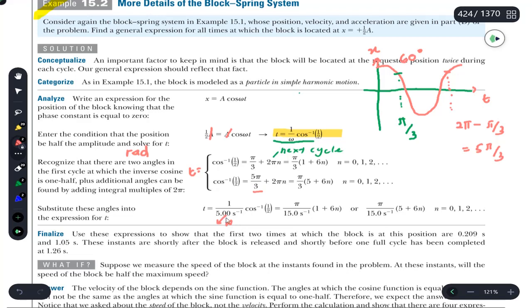Okay, how do we arrive with 5 here? We need to go back to example 15.1. Sorry, 15.1. Alright, so this cos negative 1 over 2 is this one. Okay, so it's as if t gets into t. That's what's happening here. And then when we simplify, we arrive at this one and this one.